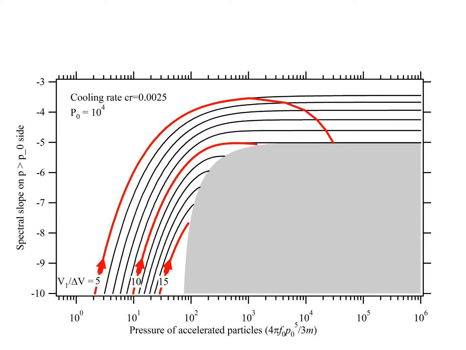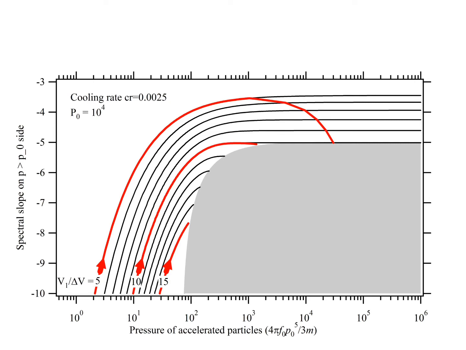If the plasma turbulence amplitude is large, so that the ratio is small, the growth of particle pressure and the growth of particle spectral slope will increase, and eventually the particle spectral slope can go above p to the minus 5, and at that time the pressure can increase dramatically as time goes on.